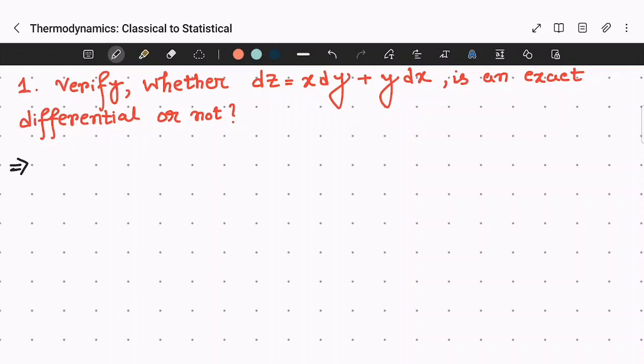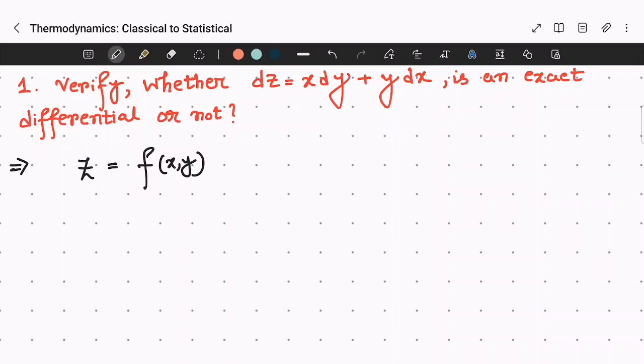What is the definition of an exact differential? Let's say f is a function which is an exact differential. To be consistent with the question, let us consider z as a function of x and y. It can be any form of x and y, but it is a function of two variables.